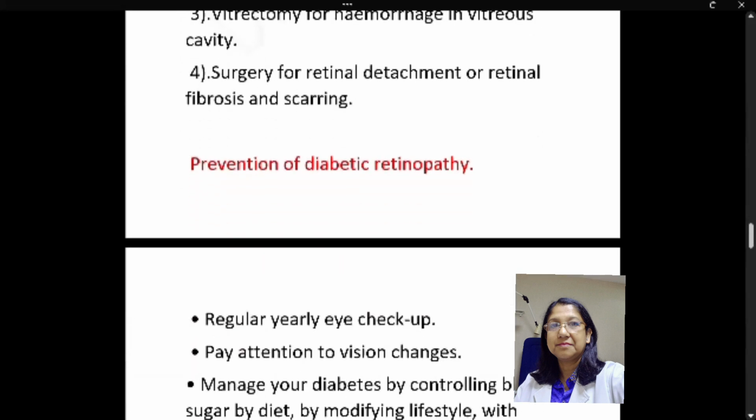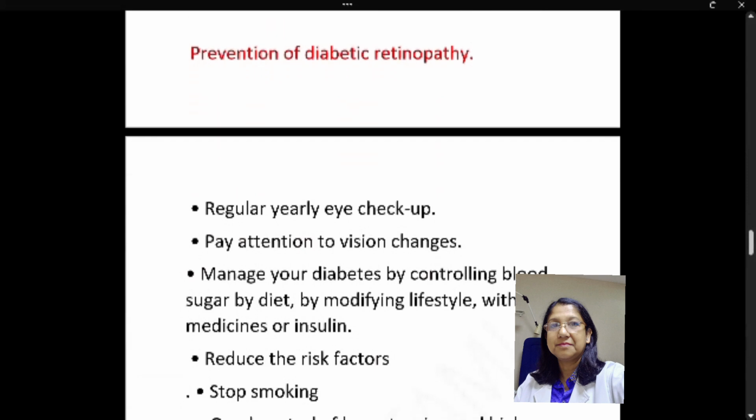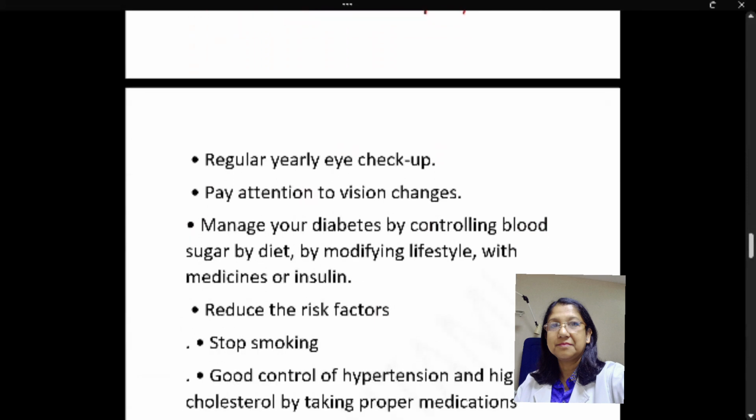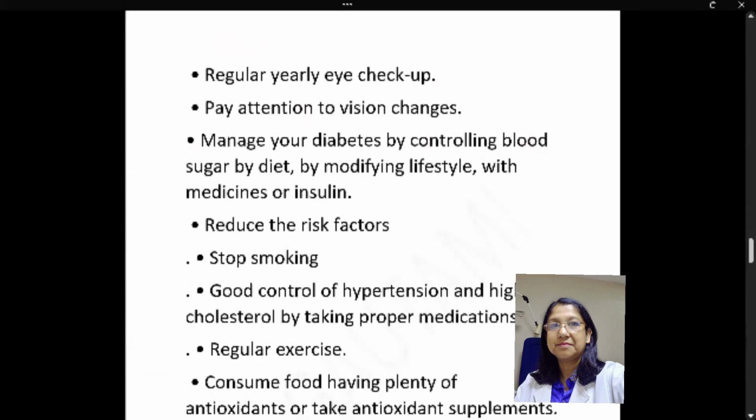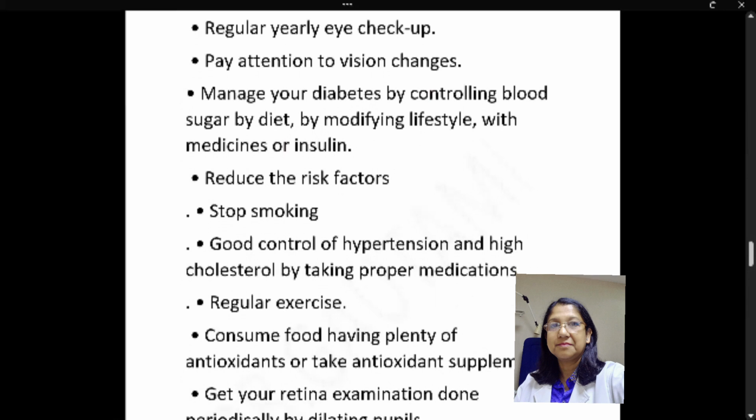Now, prevention of diabetic retinopathy. Yes, it can be prevented by regular eye checkup and monitoring vision changes. Diabetes should be strictly controlled, by modifying lifestyle, medicines, or insulin.